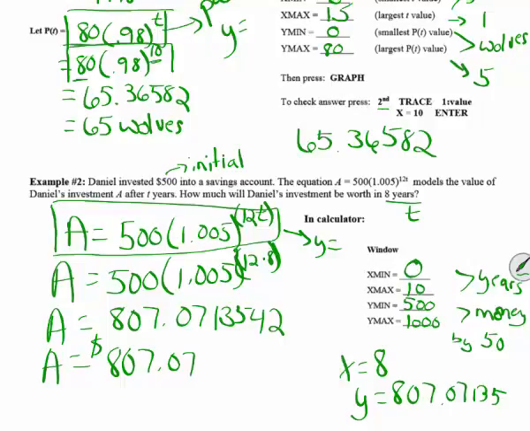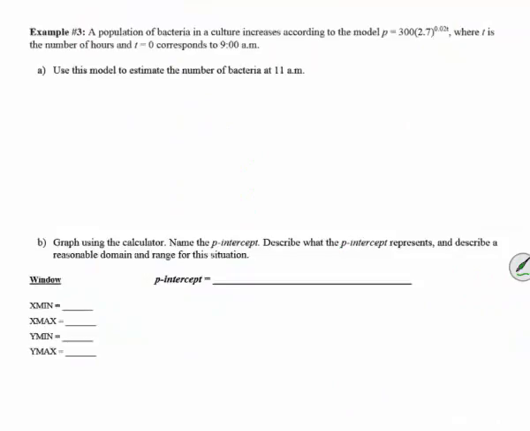All right, let's do another one where we're not going to necessarily put it into our calculator here. A population of bacteria in a culture increases according to the model, where T is the number of hours, and T equals 0 corresponds to 9 a.m. Use this model to estimate the number of bacteria at 11 a.m. Well, from 9 to 11, that means T is 2 hours. That's what we're going to be filling in.